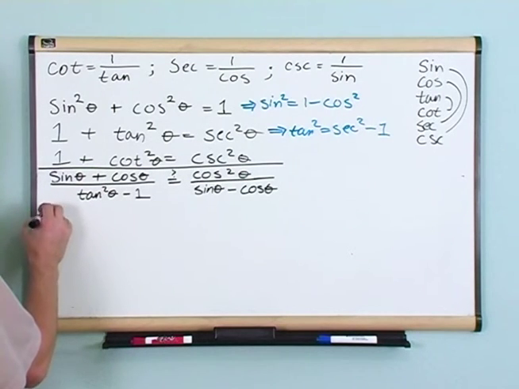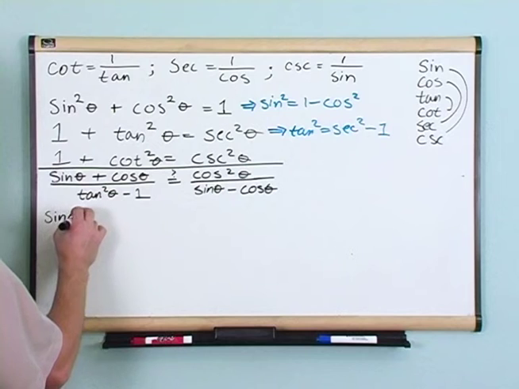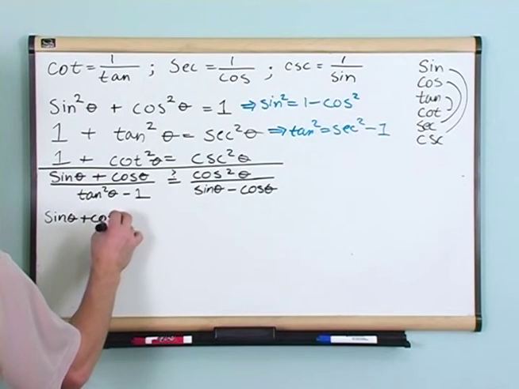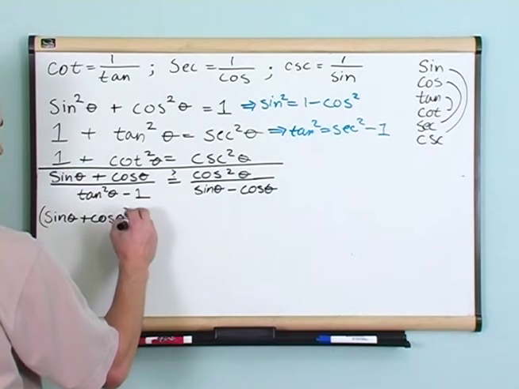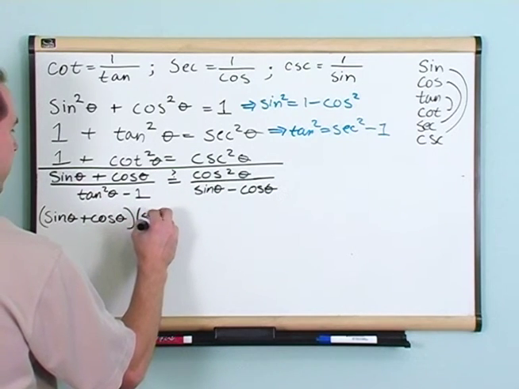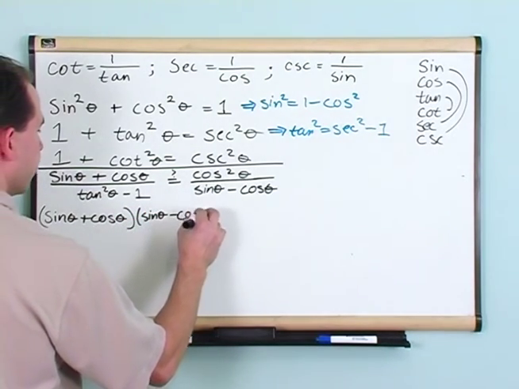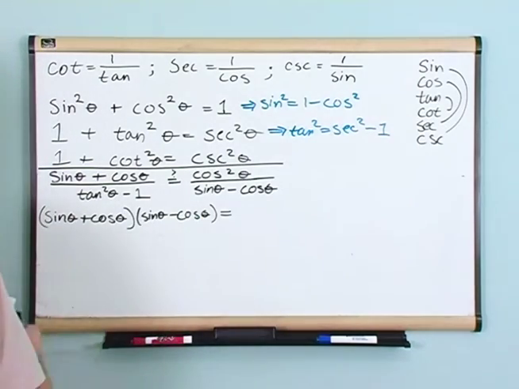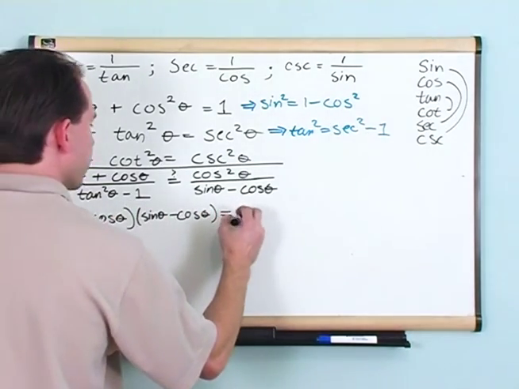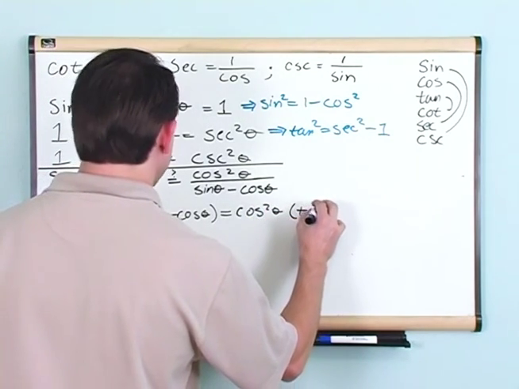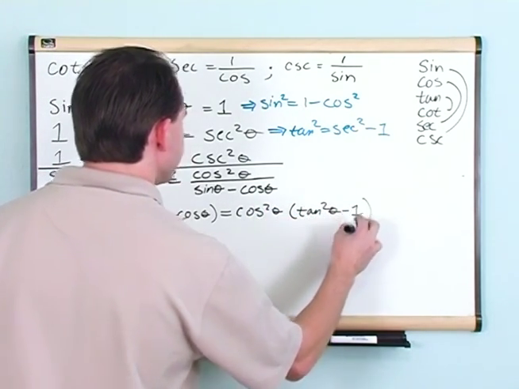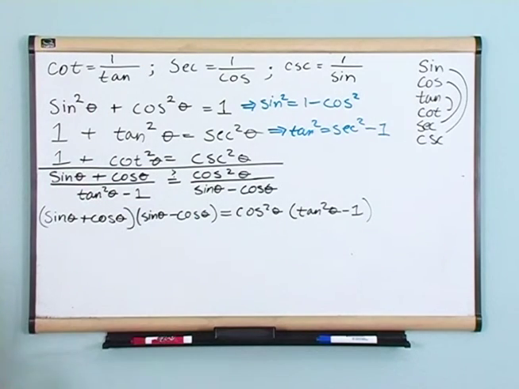So it'll be sine theta plus cosine theta times the denominator, sine theta minus cosine theta, equals cosine squared theta times tangent squared theta minus 1. Of course, I haven't actually done the multiplication yet.